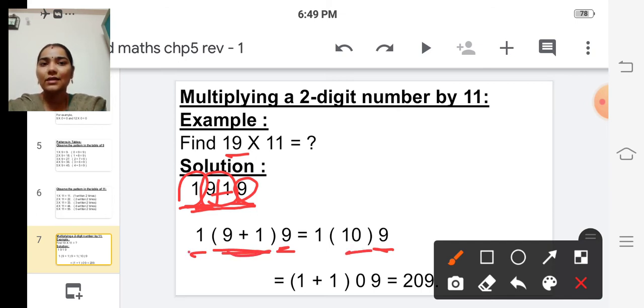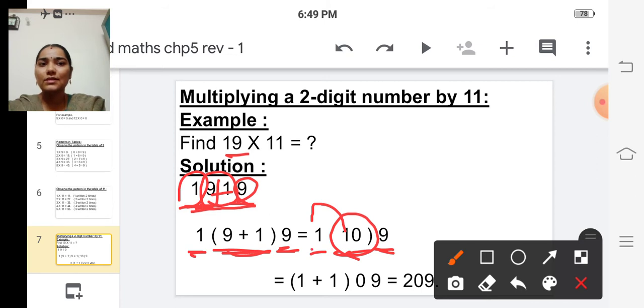And this 10 is a 2-digit number, isn't it? So we have to carry over this 1 to the next place.